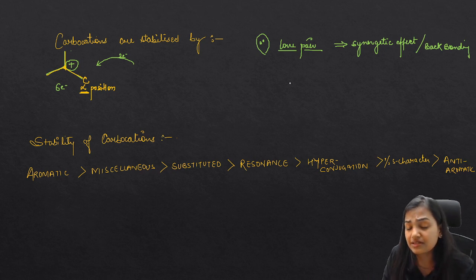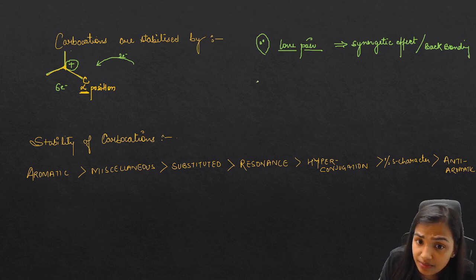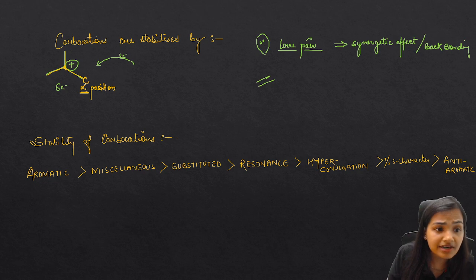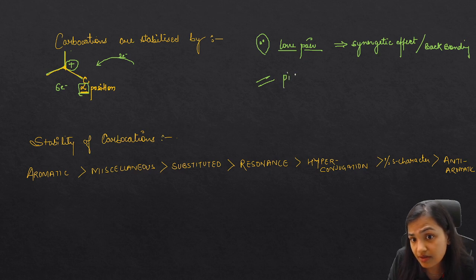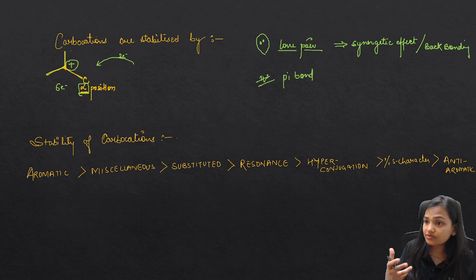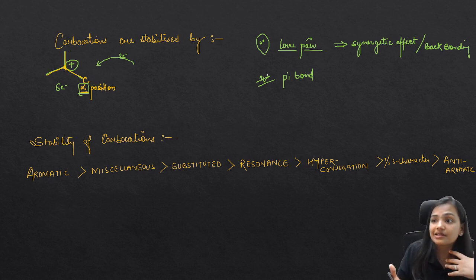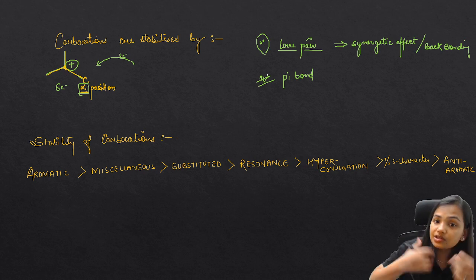Another major factor is the pi bond. If we have a pi bond at this alpha position, pi bonds are loosely held electrons, and they are very nucleophilic in nature. They are good nucleophiles.